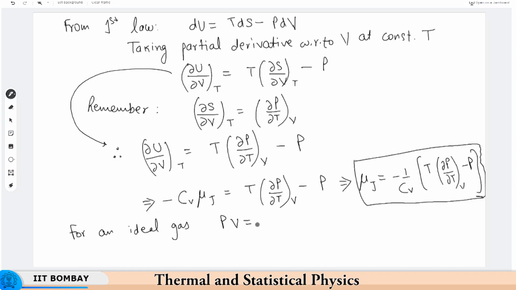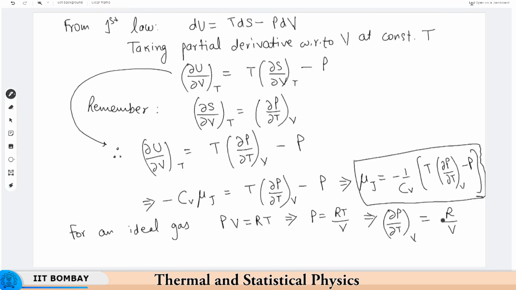We know PV equals RT, which implies P can be written as RT divided by V, and del P by del T at constant volume is basically just R divided by V. So, if I substitute that value here, mu J equals minus 1 by C v times T times R by V minus P, which is minus 1 by C v times V times RT minus PV, and we know PV equals RT for an ideal gas.